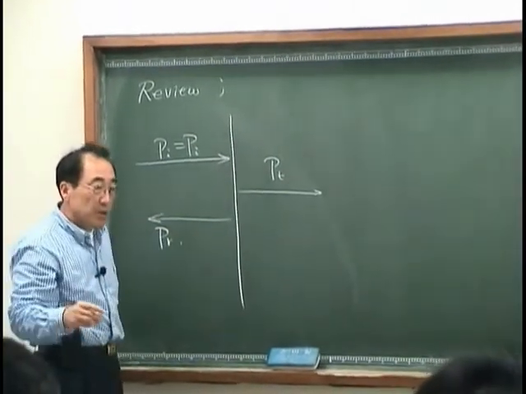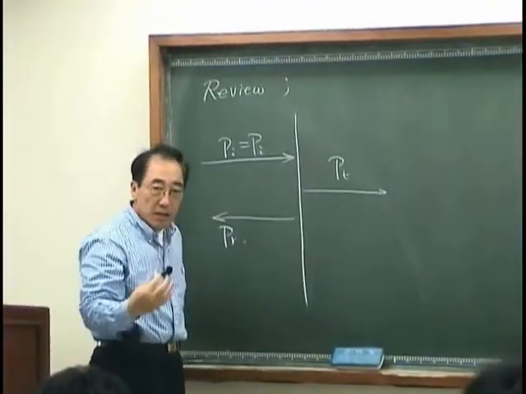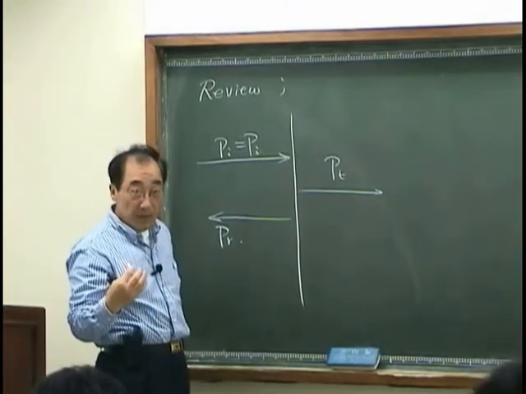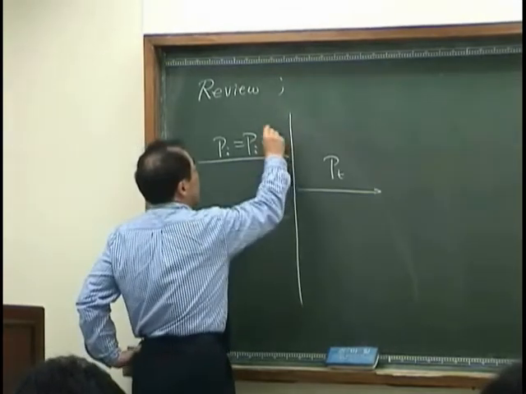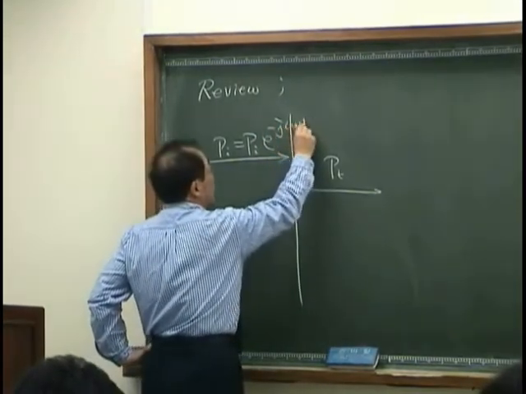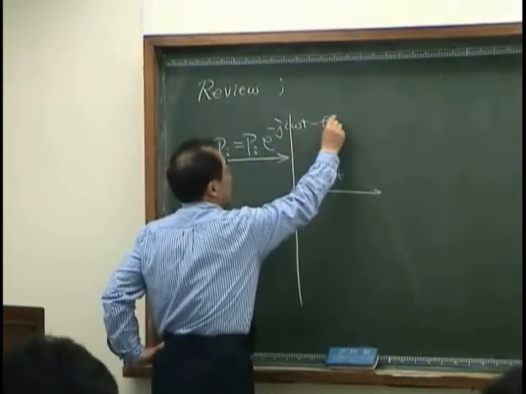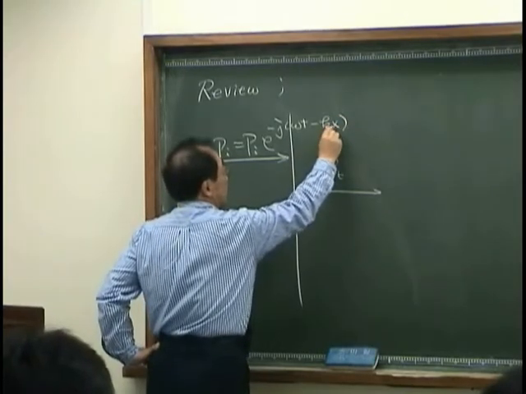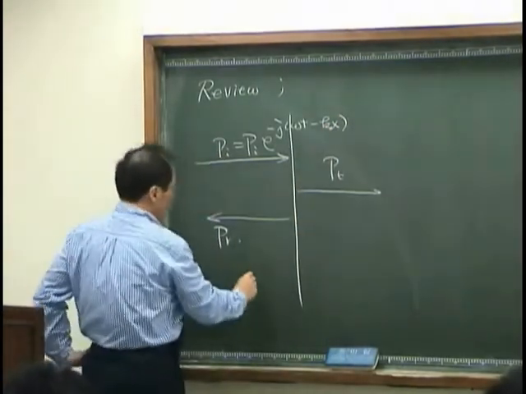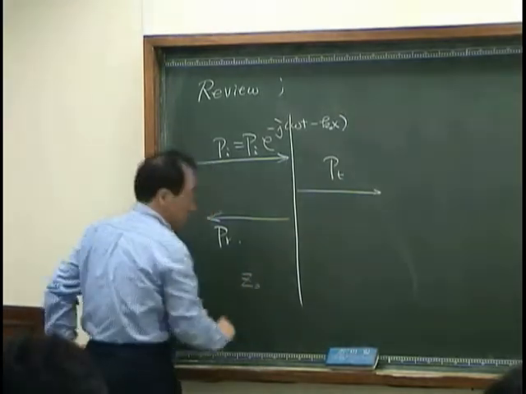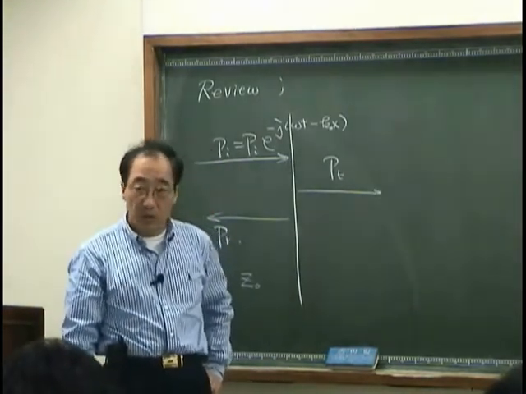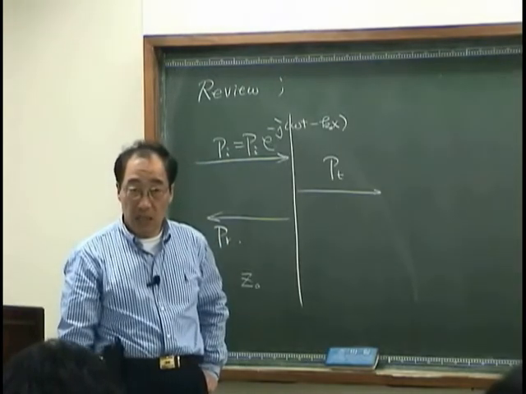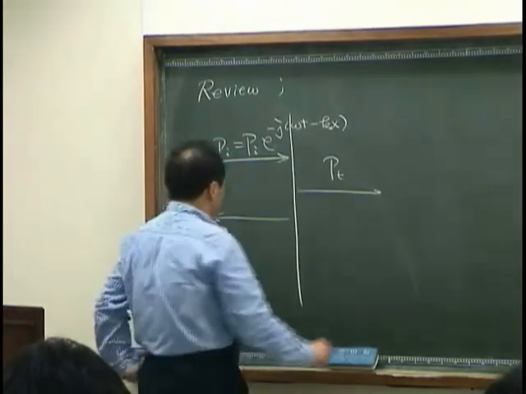That means we assume that the incident wave has complex magnitude and e^(-j(omega t minus kx)), and I put k0 because we assume that this medium has characteristic impedance Z0, that is rho 0 c0.